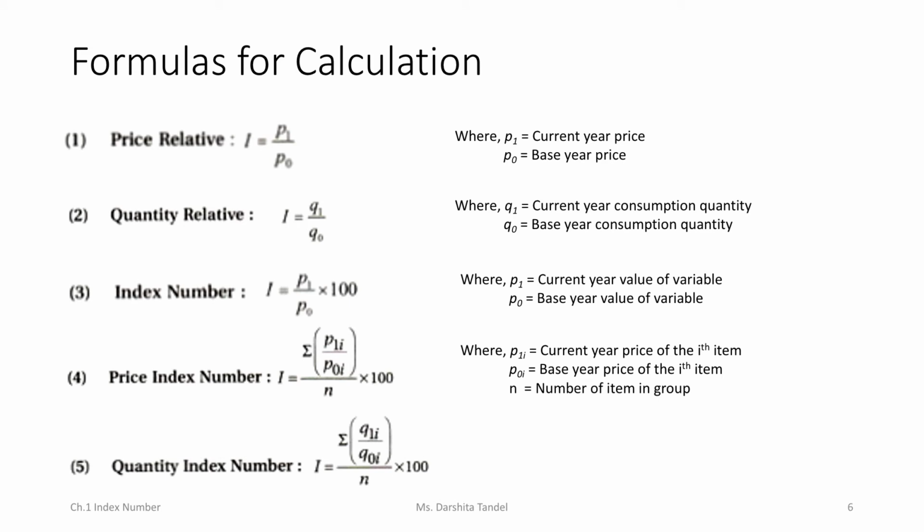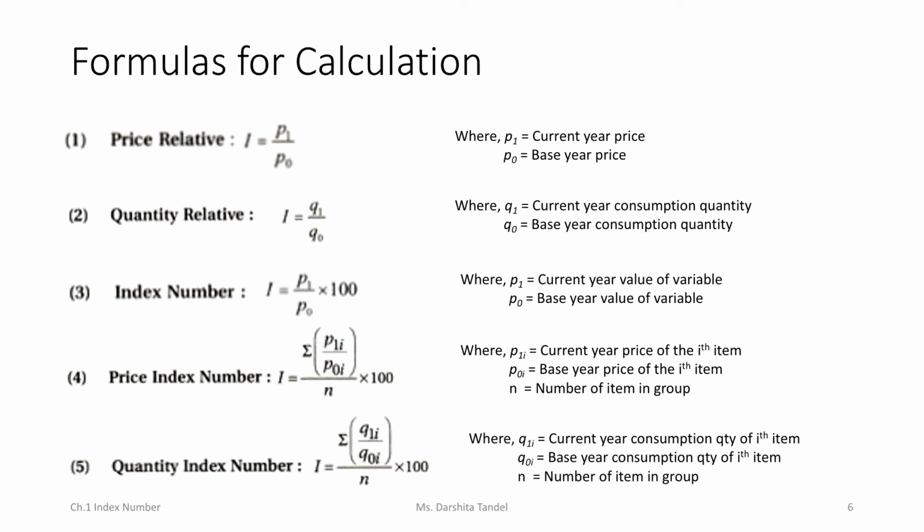Fifth, quantity index number is equal to sigma of Q1i divided by Q0i, whole divided by n, into 100, where Q1i is equal to current year consumption quantity of the ith item, Q0i is equal to base year consumption quantity of the ith item, n is equal to number of items in group.